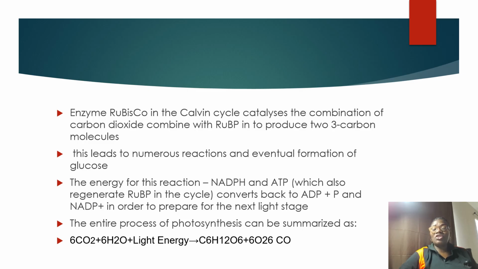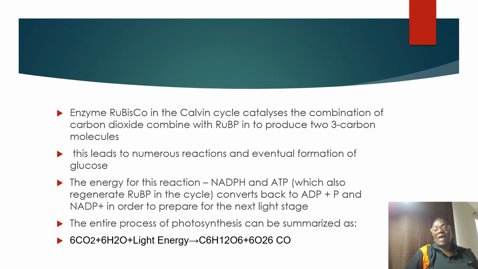And these energy carriers also regenerate the RuBP in the cycle. That is, in the Calvin cycle, the energy carriers, the NADPH and the ATP, help to regenerate the RuBP to continue in the next photosynthetic act.